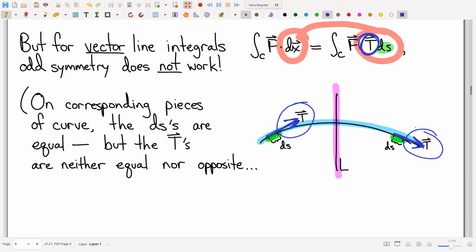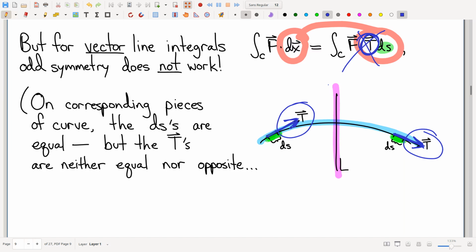It's pretty easy to see that even in this highly symmetric curve, perfectly symmetric over this line, these t vectors point in different directions. So they're not the same. They're also not negatives of each other. They're just different, right? So dead in the water. The t's don't have any nice symmetries, so the dx doesn't have any nice symmetries, so we just don't have any odd symmetry theorem. Does that make sense to everybody?